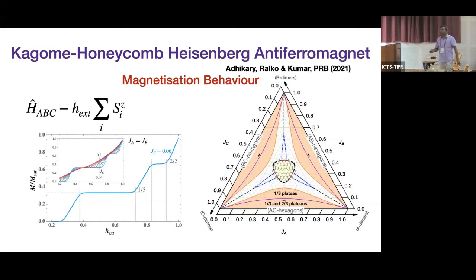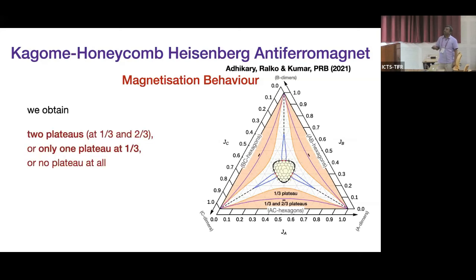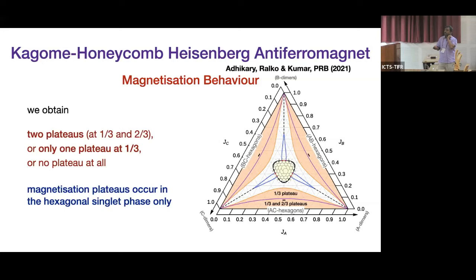So this is absolutely consistent with the numerics. The basic theoretical understanding is consistent with what the unbiased numerics tells us. So what do we obtain? We obtain two plateaus, or one plateau, or no plateaus, which is the basic outcome of these calculations, and is depicted in this phase diagram.